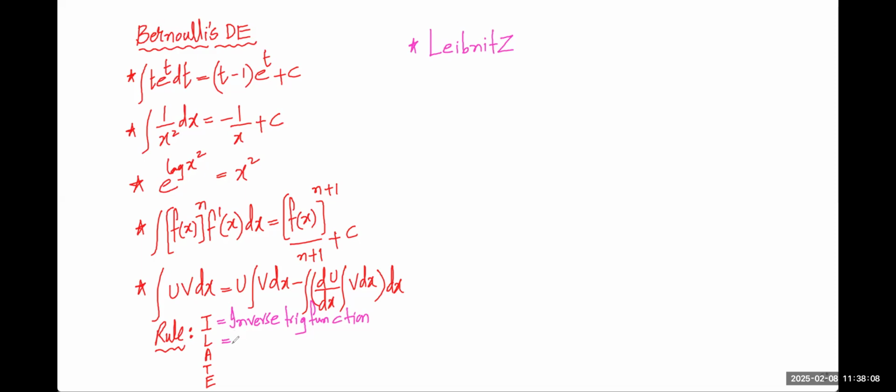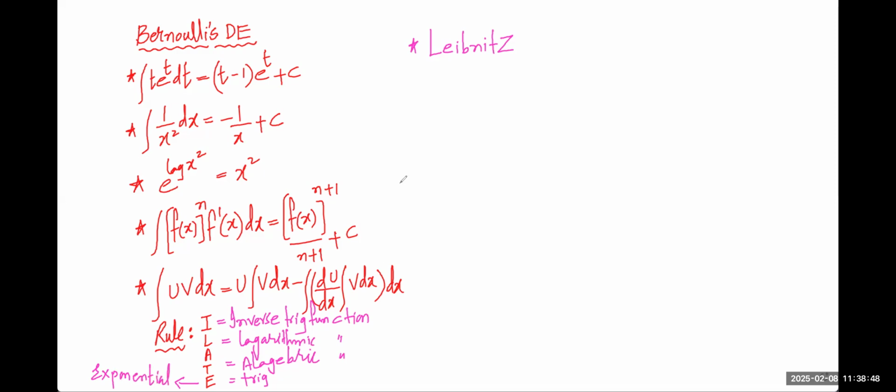L stands for logarithmic function. A stands for algebraic function, example x square, x power 3, and so on. T stands for trigonometric: sin x, cos x, tan x, cosecant x, secant x. And last E stands for exponential: e power x, e power minus x, e power 2x, e power 3x, e power 5x. So the functions will be in this order.